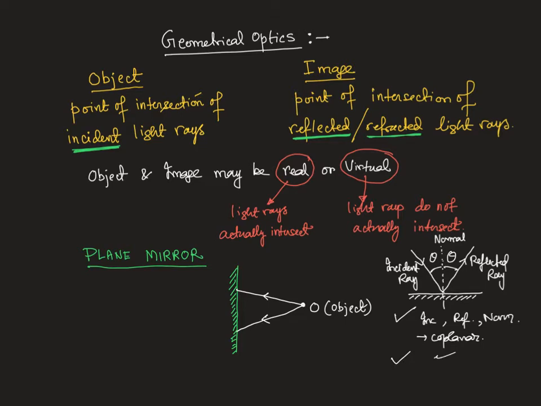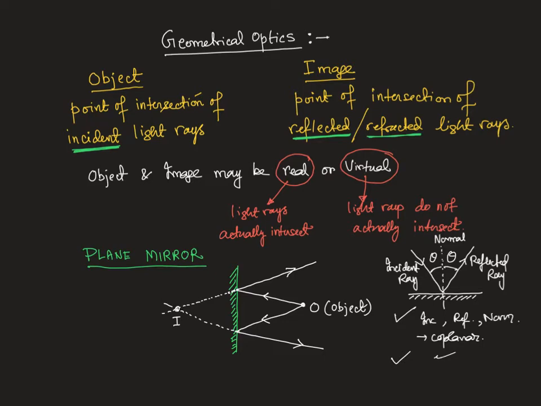So how are they reflected? Like this, and this was like this. Now, if you produce the reflected light rays, then where will they meet? If you produce this by a dotted line, because it doesn't exist really, then the light rays will meet at the point.